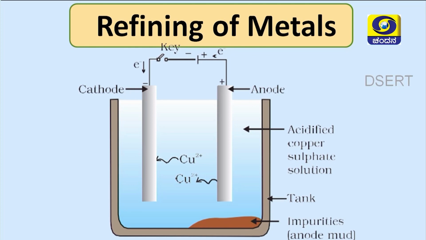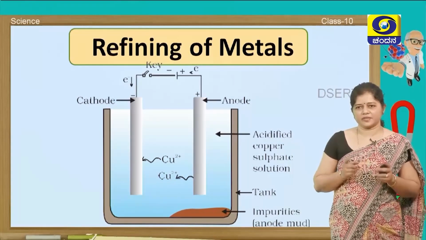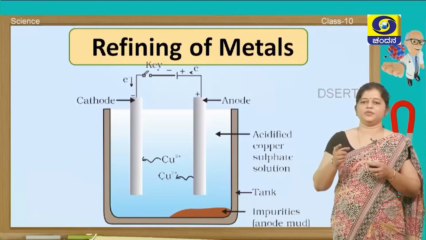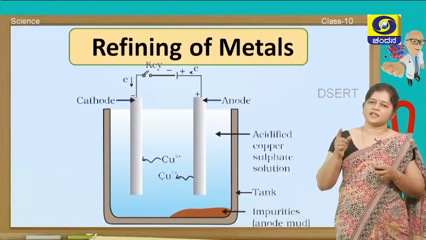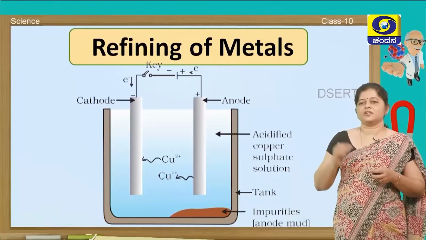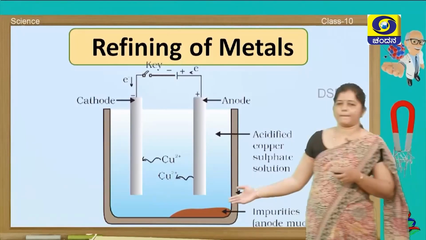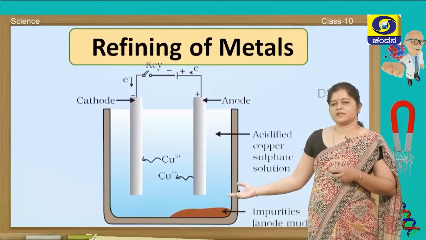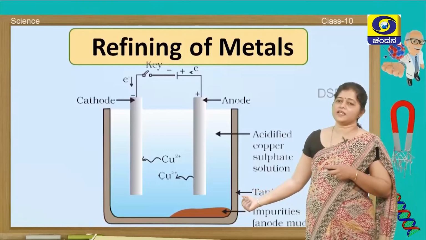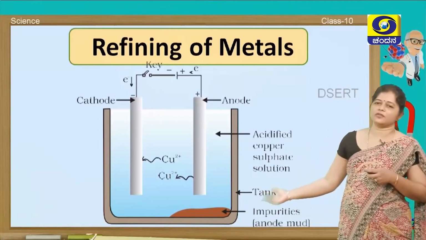The impure metal is taken as the anode and the pure metal is taken as the cathode. As the process continues, you can see the impurities collecting at the bottom of the anode, called anode impurities or anode mud.